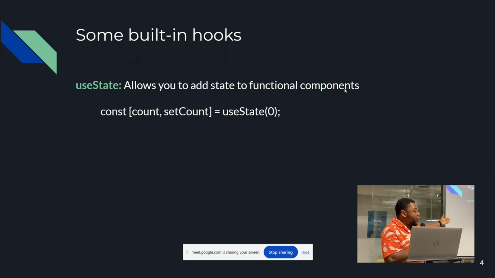Count will be your variable, and when it changes, your component gets re-rendered, and setCount is a function that you call every time you want to update that count. Say you have a button that increments your counter every time you click it, then you just call setCount with the new value, and by some magic, the count variable will be updated and your component re-rendered.